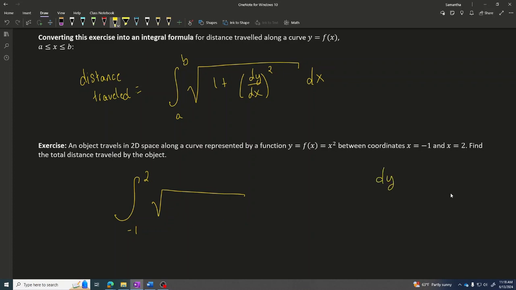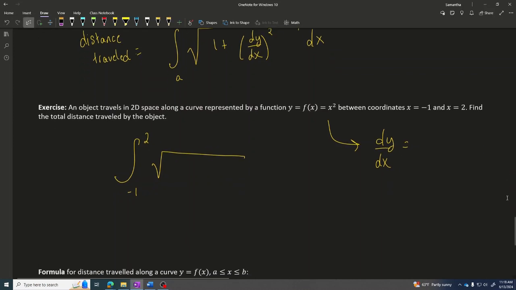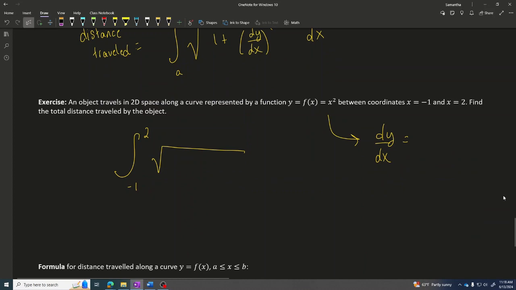Now, if y is equal to x squared, can you tell me what is the derivative of y with respect to x? Well, the derivative of x squared is just 2x, so that would be what dy dx is equal to in this case.